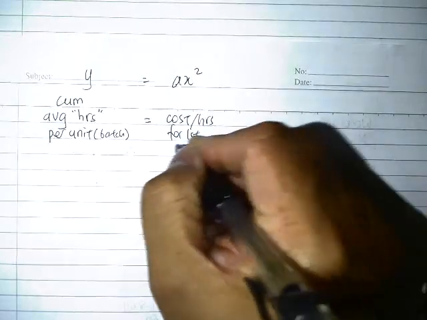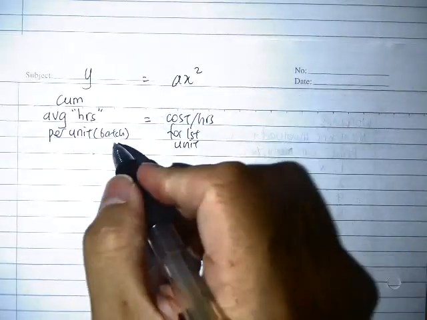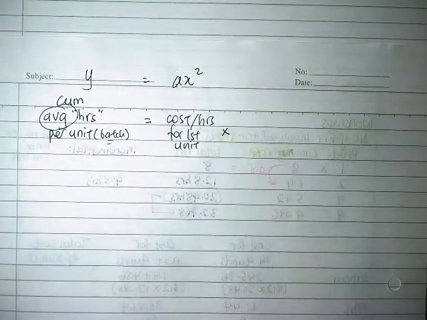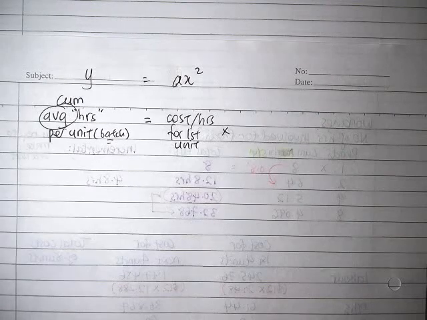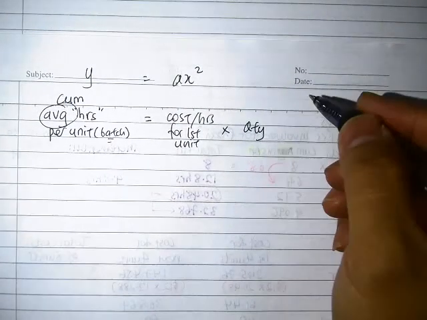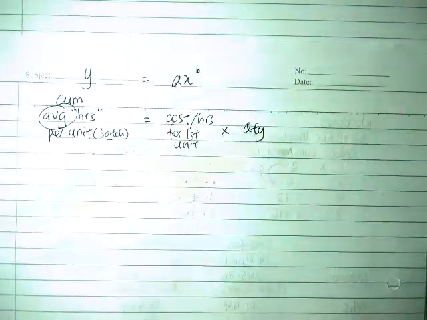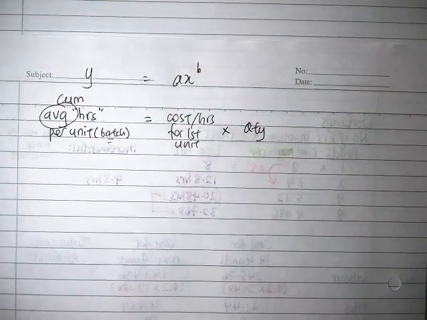For the first unit, or of course the first batch, times, now if you want to find the average for whichever production level, so this is where your quantity comes in, power of b. Now what is b?